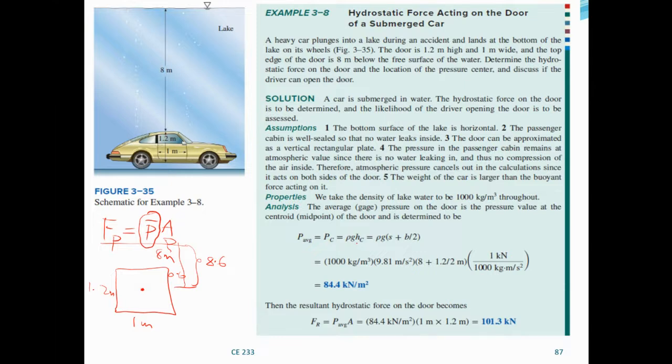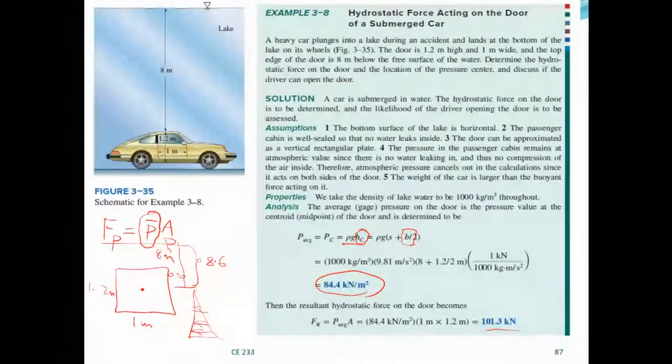So the gauge pressure is rho g times the height to the centroid, which is s, 8 meters, plus the centroid, which is b over 2, 8 plus 1.2. This is the pressure acting at the centroid, and we simply multiply by the area, which is 1.2 times 1. So this is the resultant hydrostatic force, 101.3 kilonewton, acting on the door.